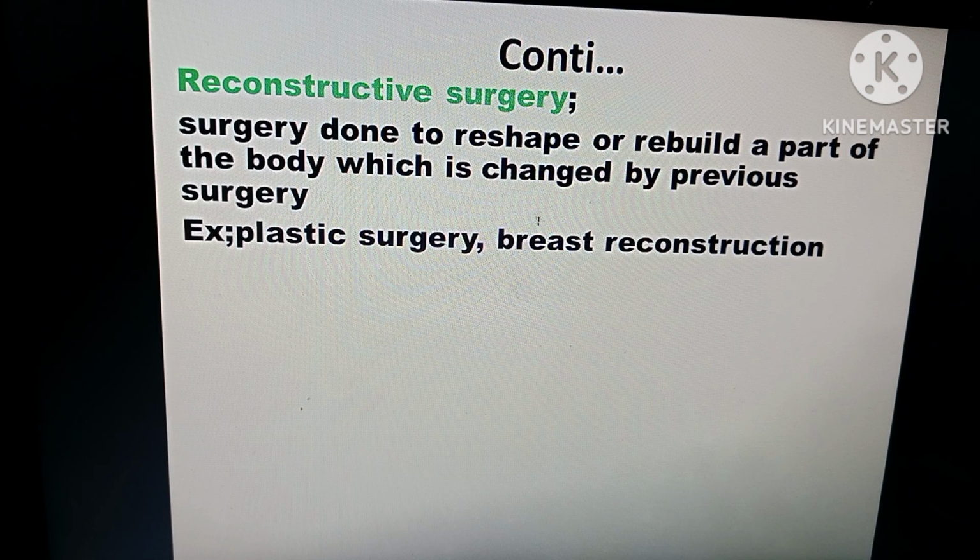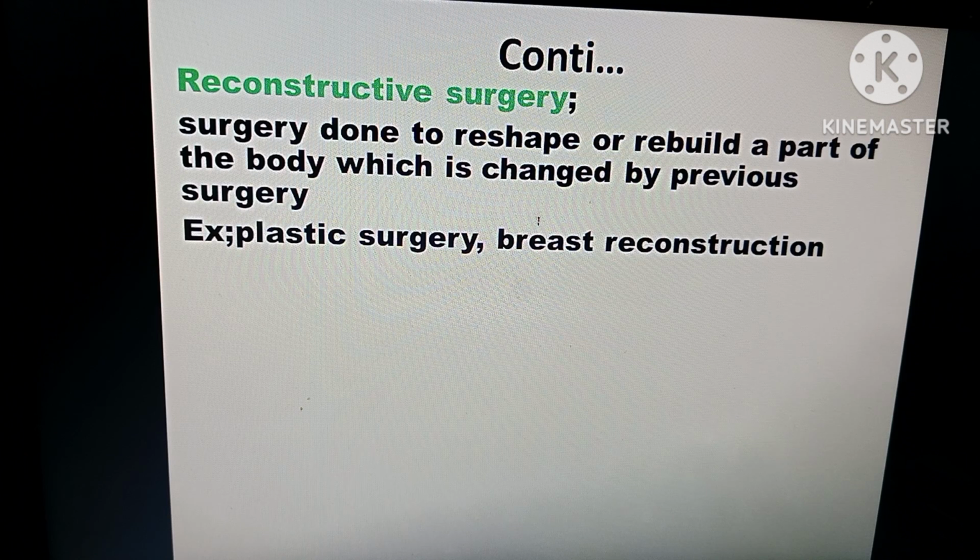In case of breast cancer, if a total mastectomy is done, the entire breast is removed, and after the surgery the woman will be psychologically and emotionally upset. To tackle that, a prosthesis, just like a breast, is available. Through surgery, they will place it and bring happiness to that woman.